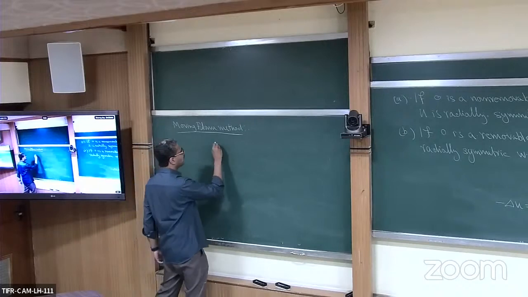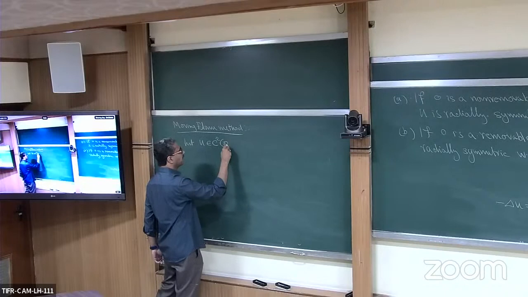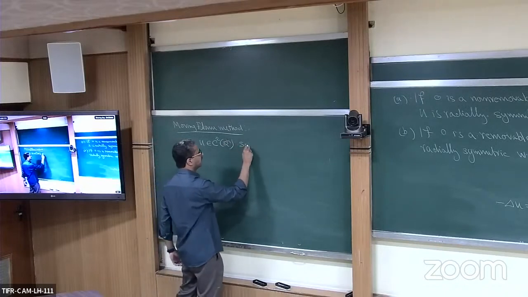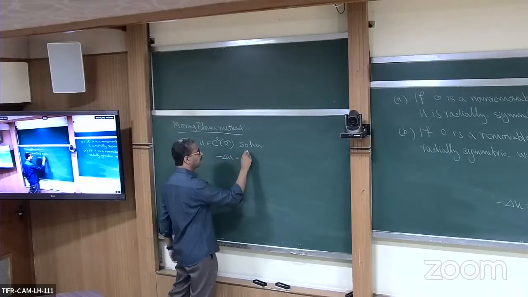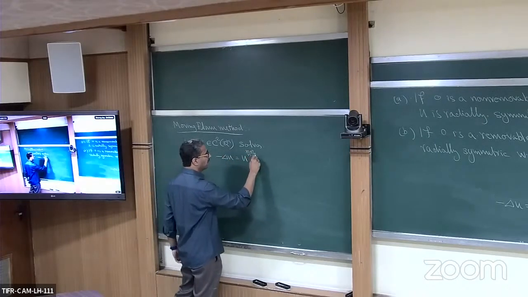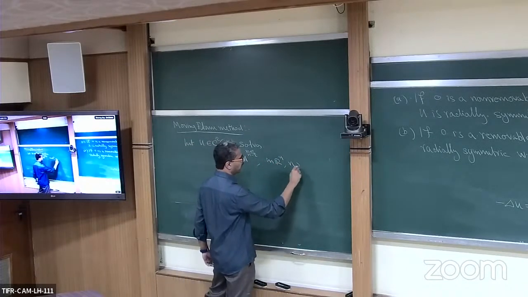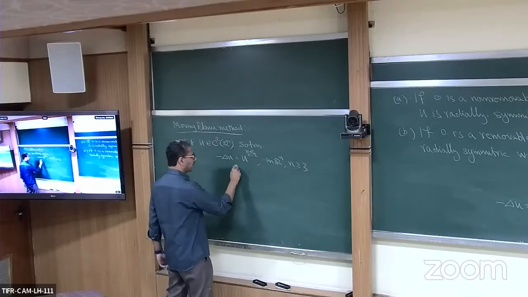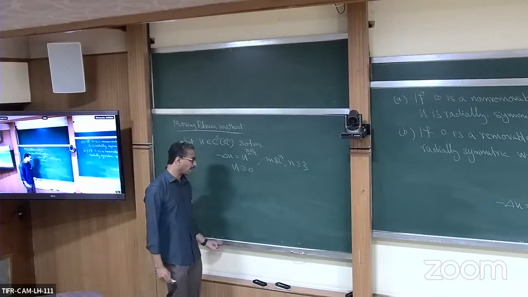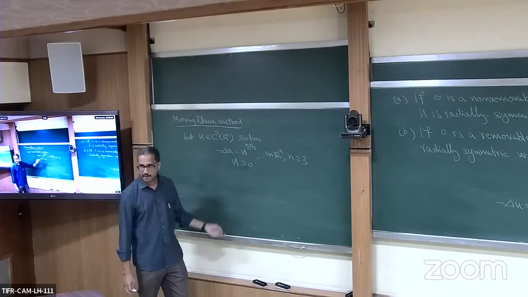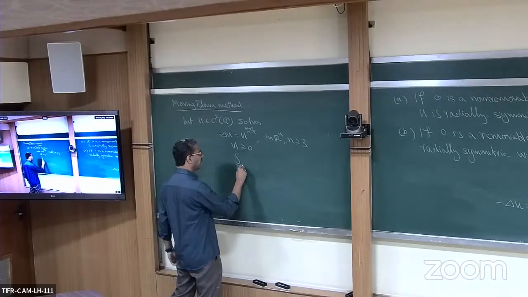So I am going to work with this equation: minus the Laplacian of u equals u to the power minus 2 in R^n, and u greater than or equal to 0. Once you have this, by the strong maximum principle, you can immediately show that u is going to be strictly positive.